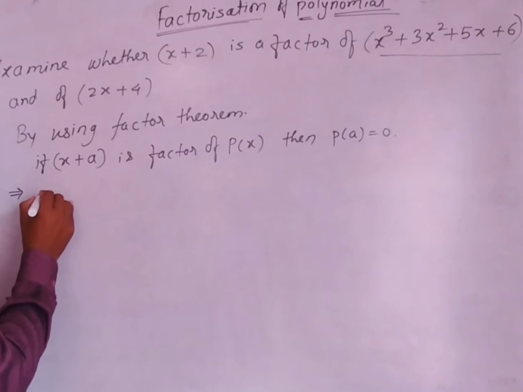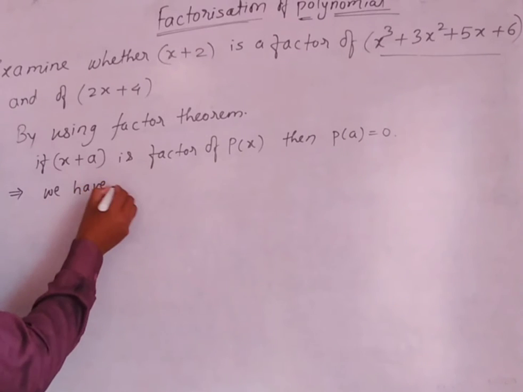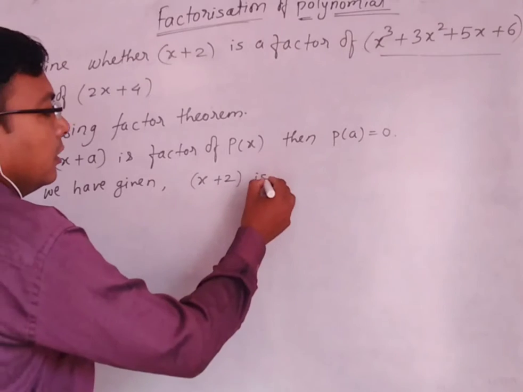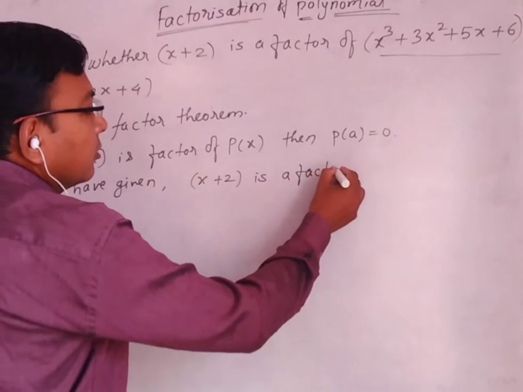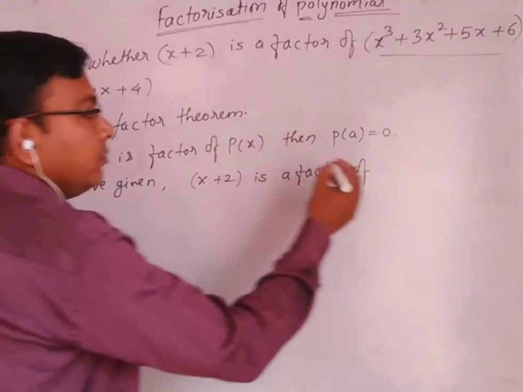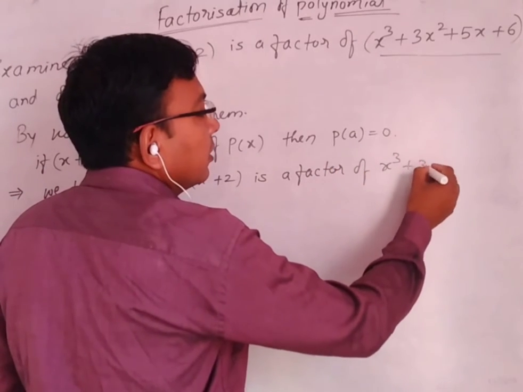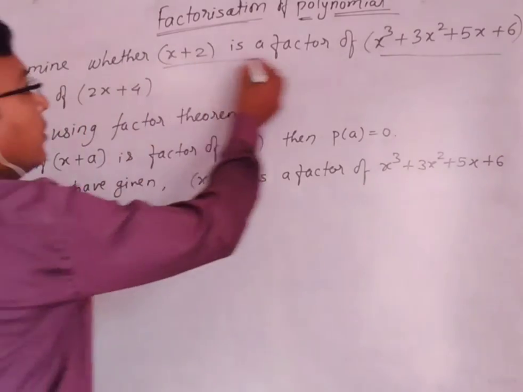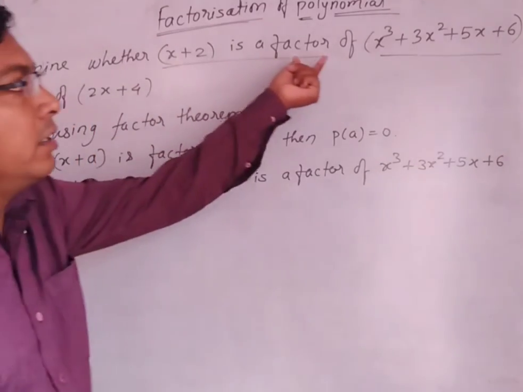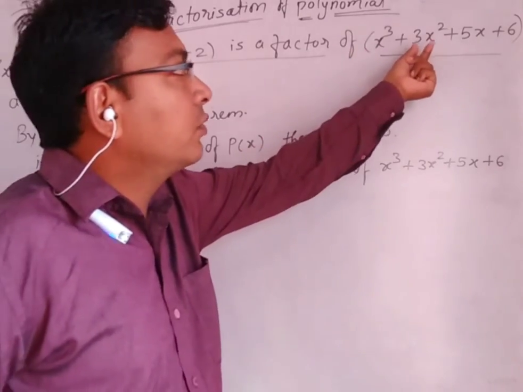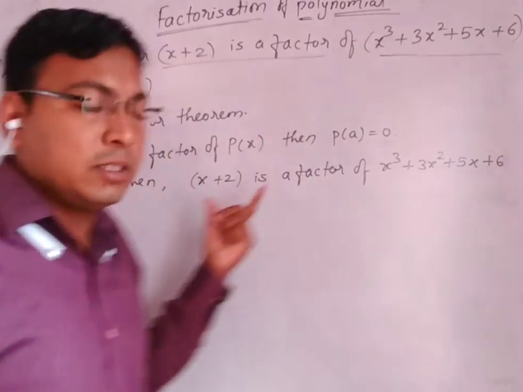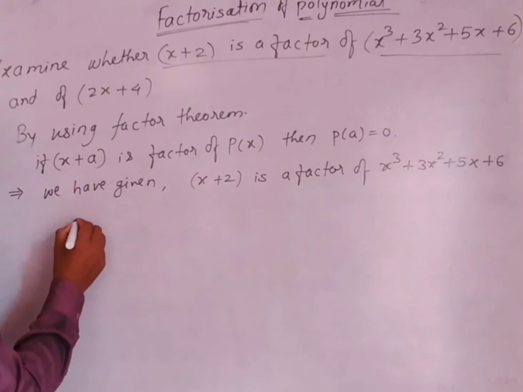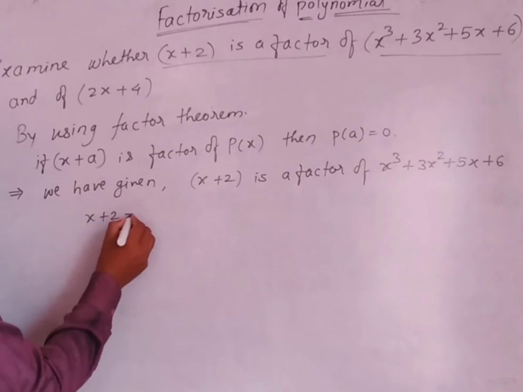So here it is given x plus 2 is a factor of x cube plus 3x square plus 5x plus 6. By using factor theorem, x plus 2 is equal to 0.